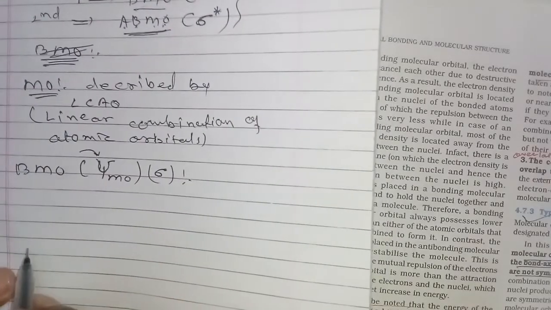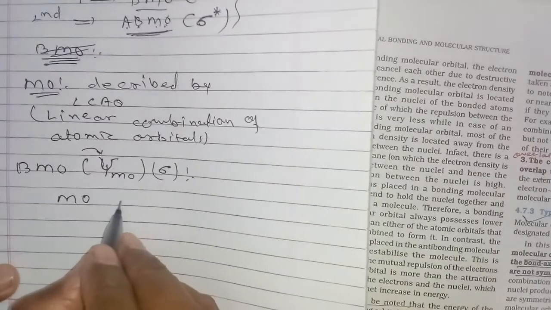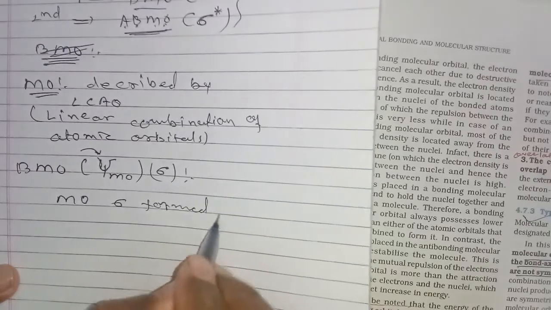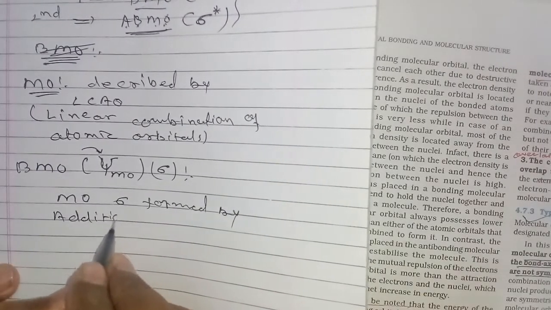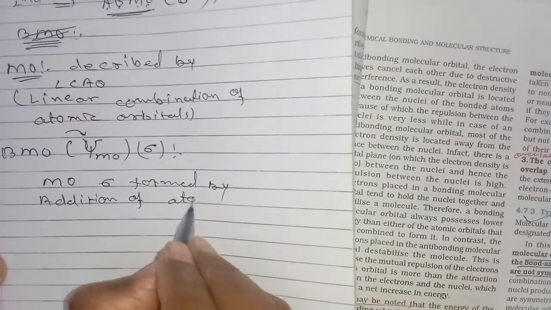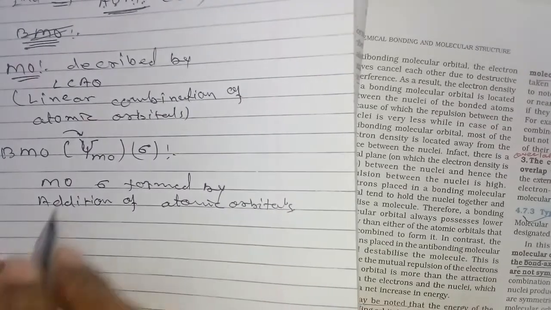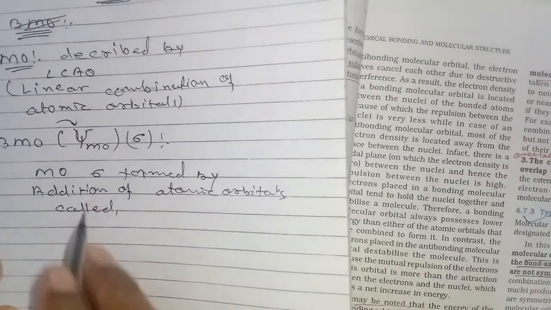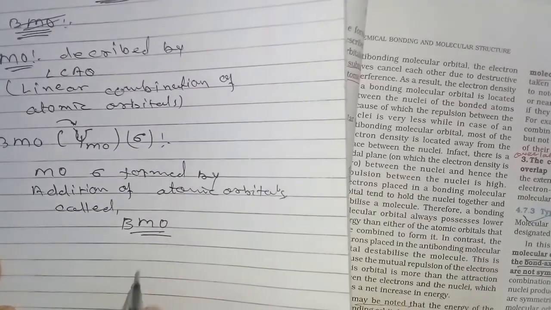The molecular orbital sigma is formed by the addition of atomic orbitals, and it is called the bonding molecular orbital.